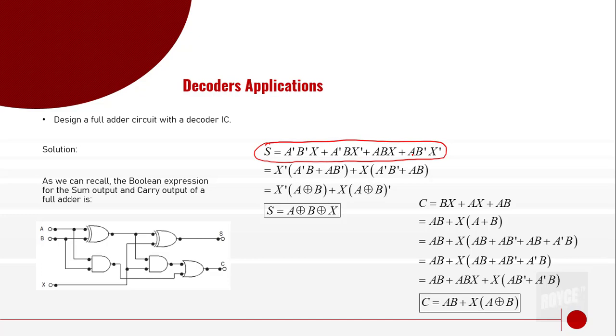So therefore, this is already a standard SOP form. Now, the question here will be for carry output. It is not in its standard form. So we have to convert this. How are we gonna do that?